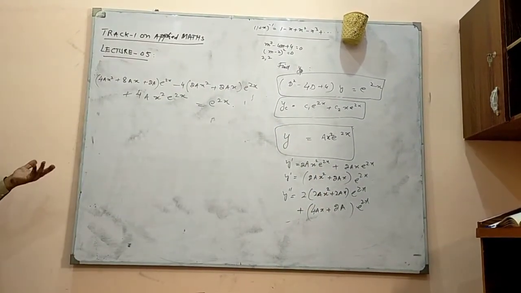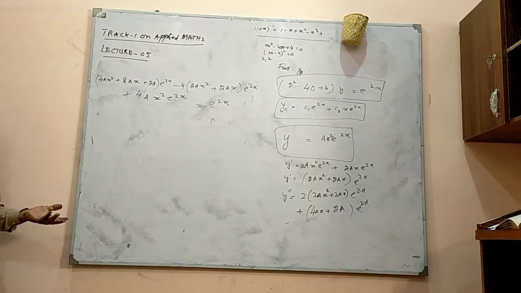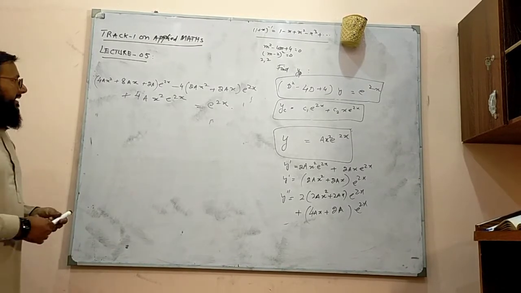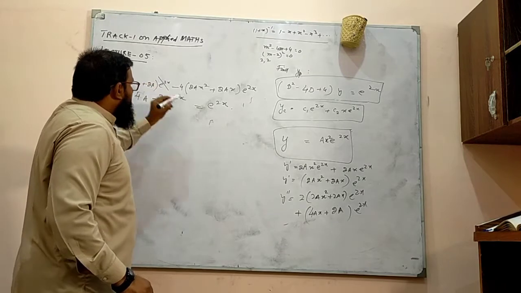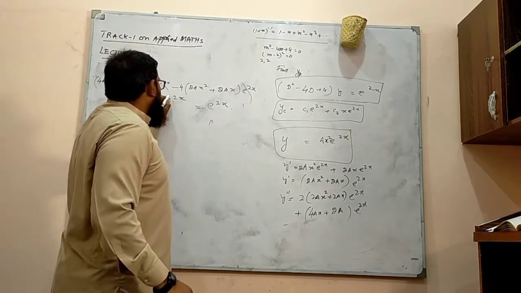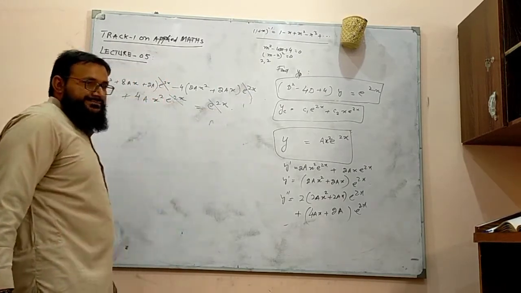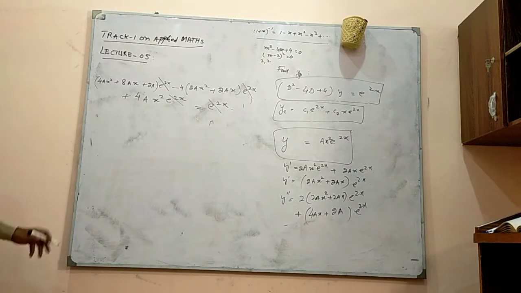Now you have to just solve this to get the value of a. The idea is you can cancel e raised to 2x from every term by taking it common.